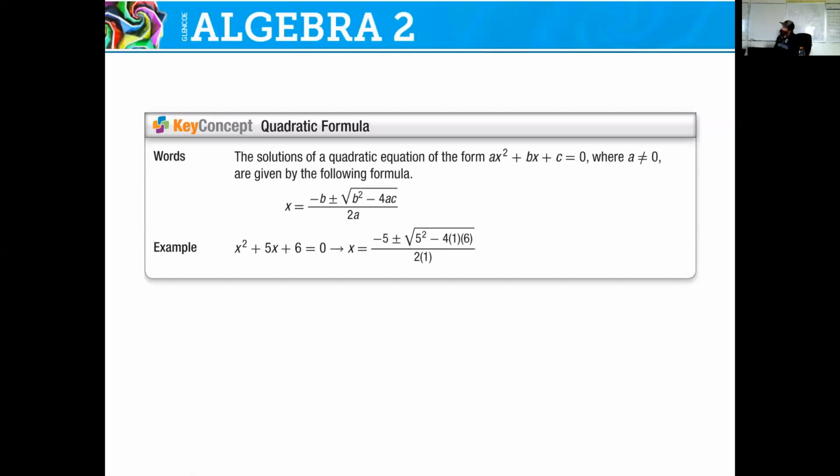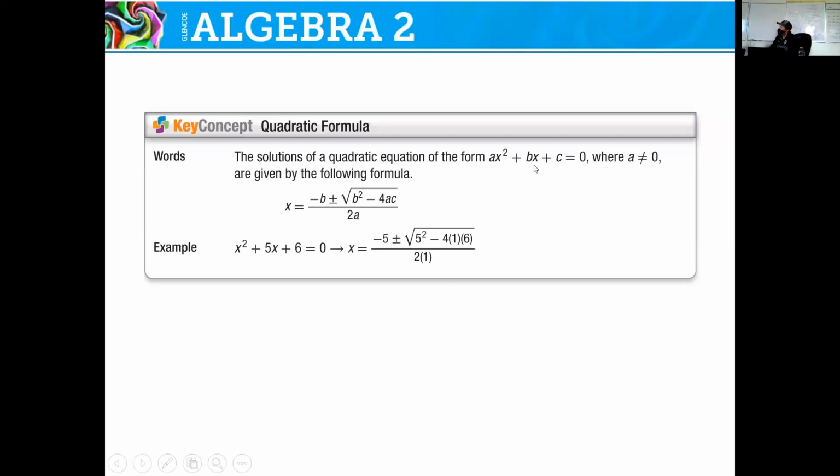If it's a positive number that's not a perfect square, we're going to have two irrational roots. If it's a positive number that is a perfect square, we have two rational roots. And if it's a negative number, that's where we get our complex roots, using the square root of a negative number. So i comes into play.